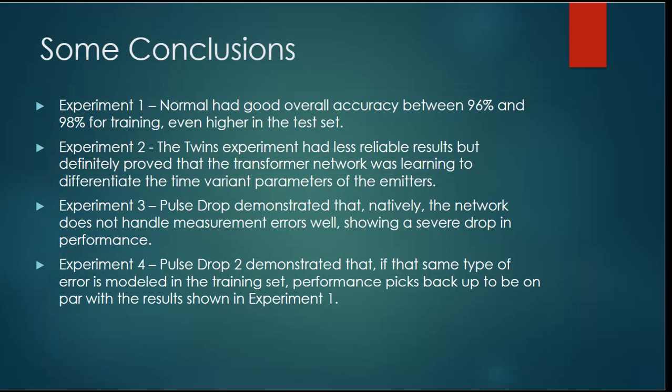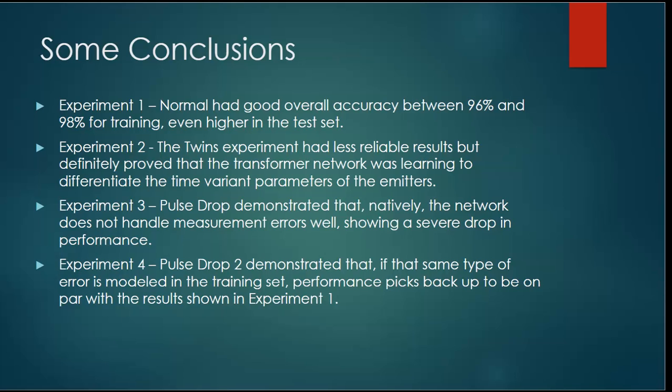And we have some conclusions. So obviously for experiment 1, the normal had good overall accuracy between 96 and 98% for training, even higher in the test set. The twins experiment had less reliable results, a larger spread, as shown by the violin chart.